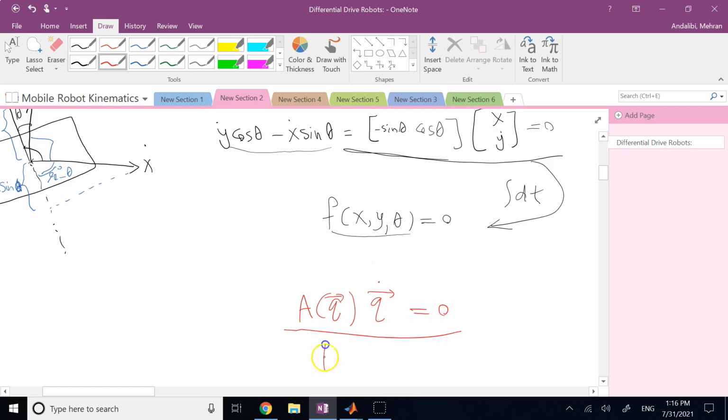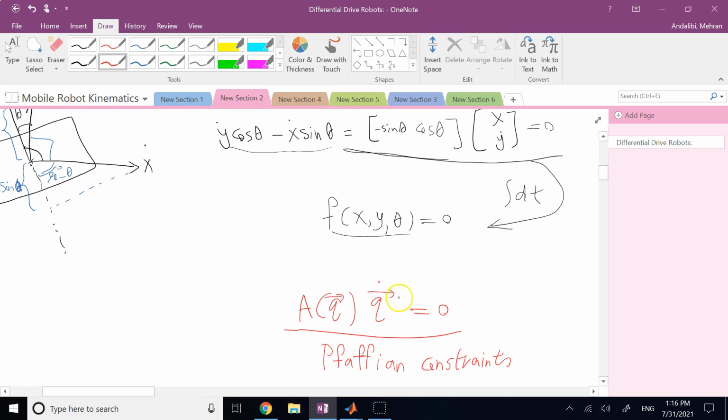Any constraint that is like this, we call it a Pfaffian constraint. And holonomic constraints are a group of Pfaffian constraints. Non-holonomic constraints are a group like this.